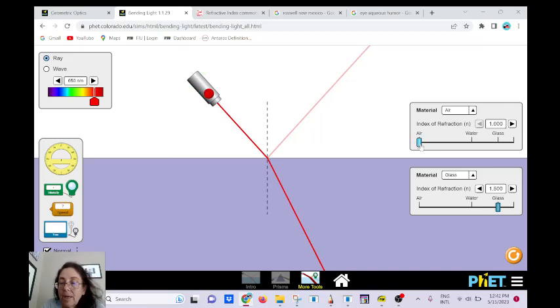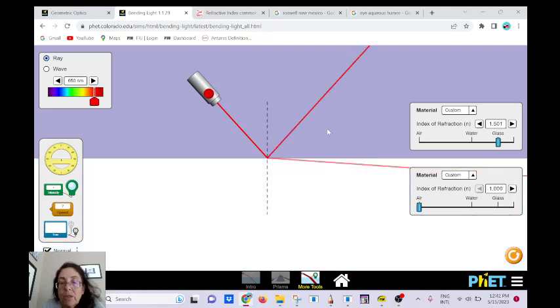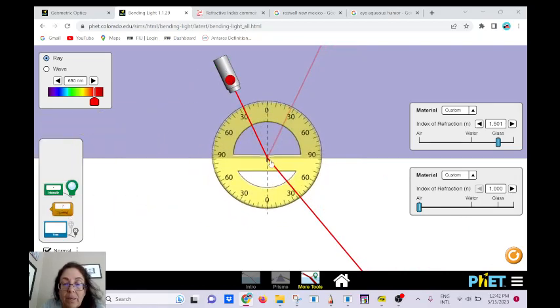But now if I have a slower medium here, so here I have glass and here I have air. So now I go from slow to fast, and the beam is always bending away from the normal. Because you go from slow to fast, it knows it can take more of its time here, so it's refracted or bending away from the normal.